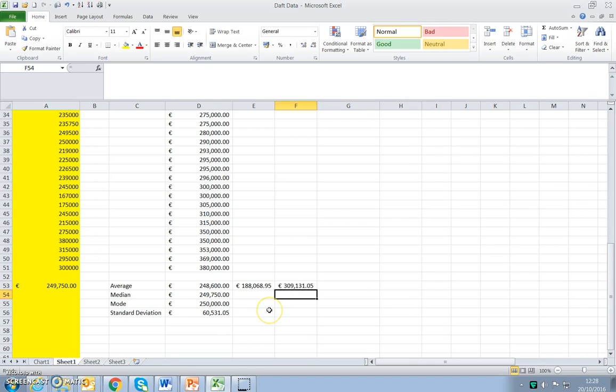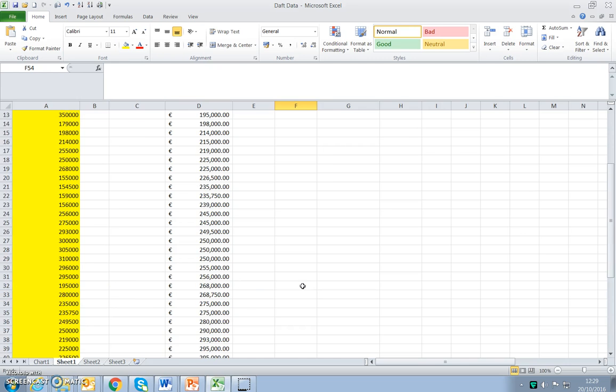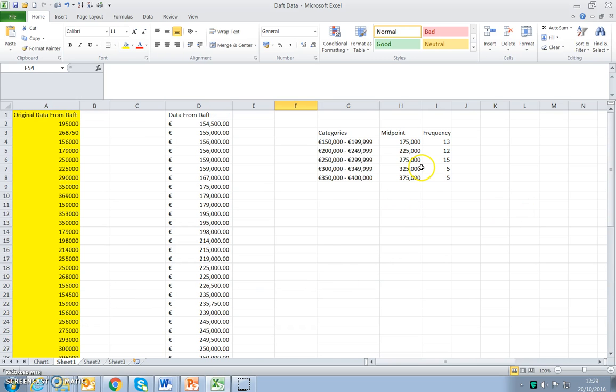You can see there that about 68% of your sample, being your house prices, are between 188,000 and just under 310,000. Okay. Now we grouped our data, and now we're going to have a look at what more we're going to do with this grouped data here.